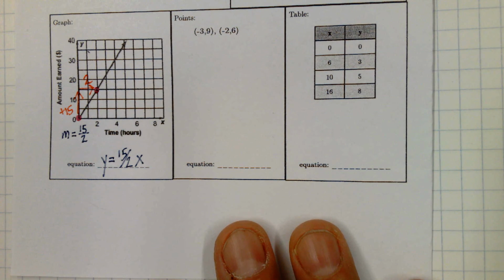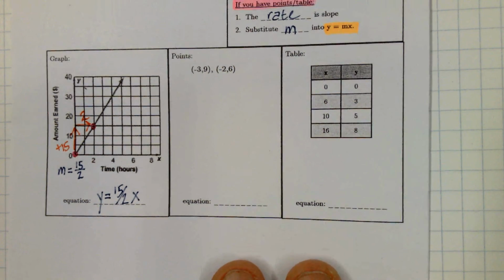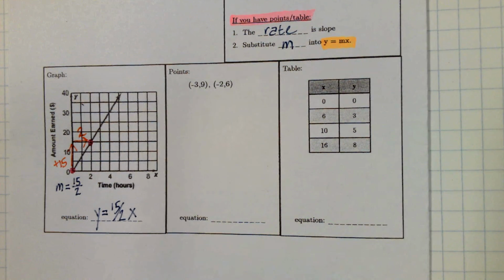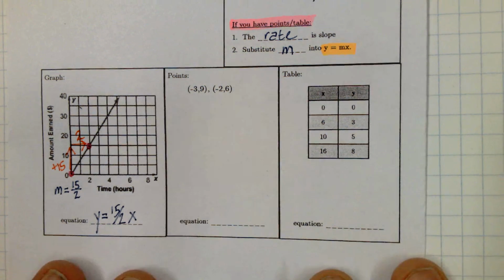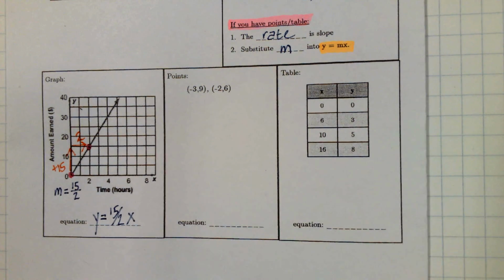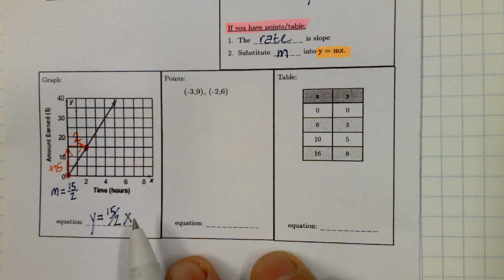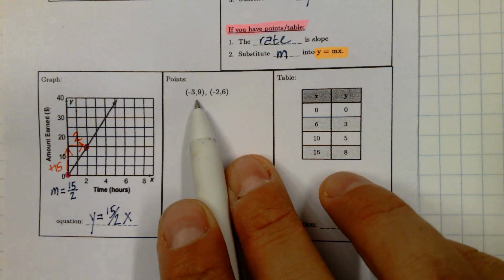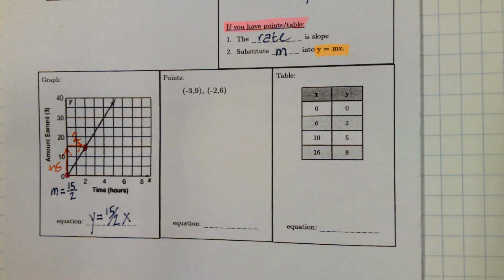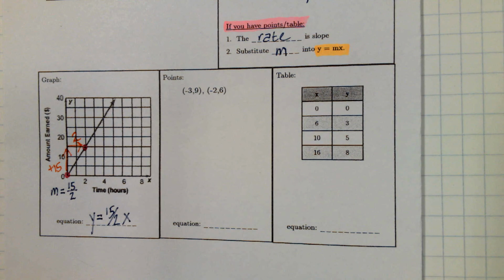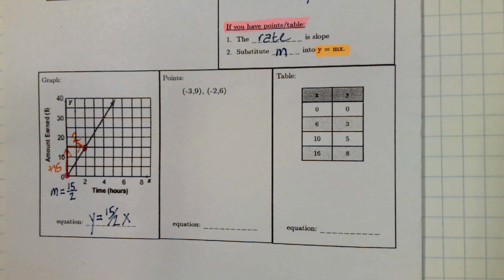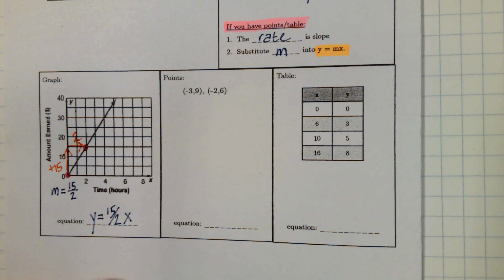You ready? All right, here we go. Let's find the direct variation here. Okay, we're going to assume there is a direct variation relationship. So these are 2 points. They're on a line, and we're going to assume the line goes through what? 0. It has to go through 0. That's our assumption.